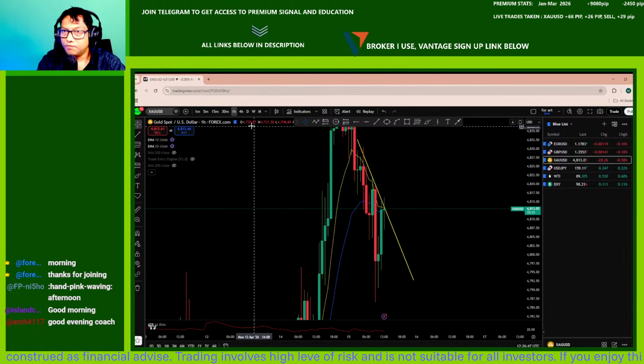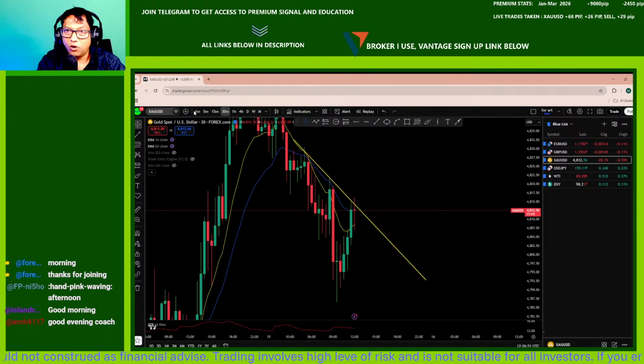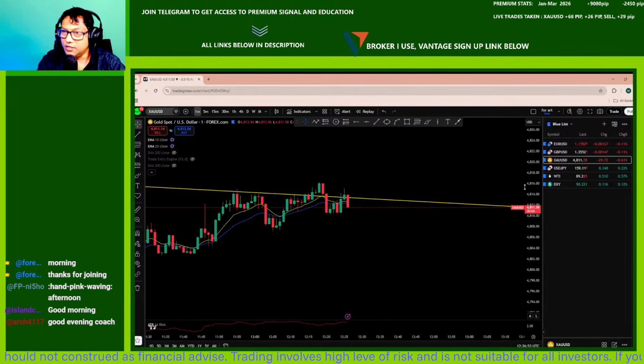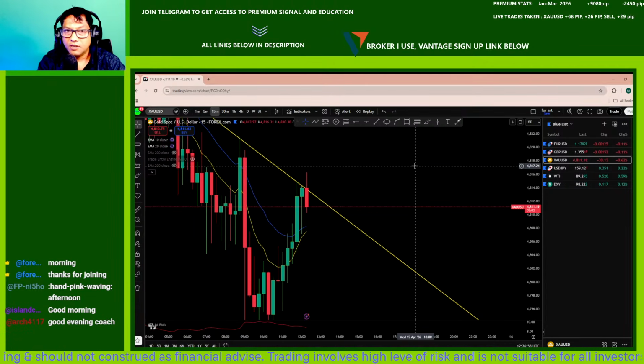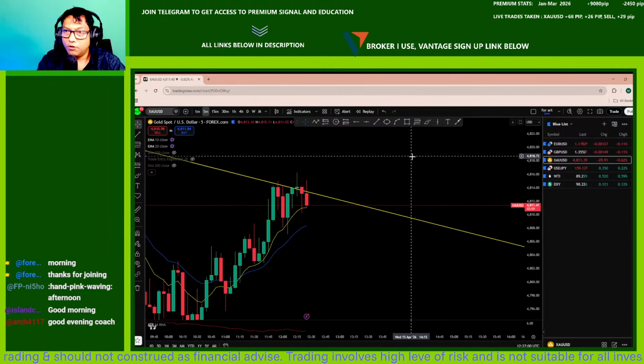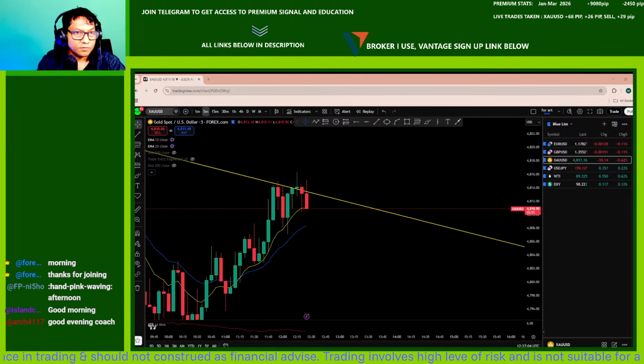Here's the market. Currently, if you look at the 30 minutes, we see there is a potential for a downtrend in this area. The 15-minute price action is showing a possibility for a downtrending move in that area. Let's see where the market is heading.